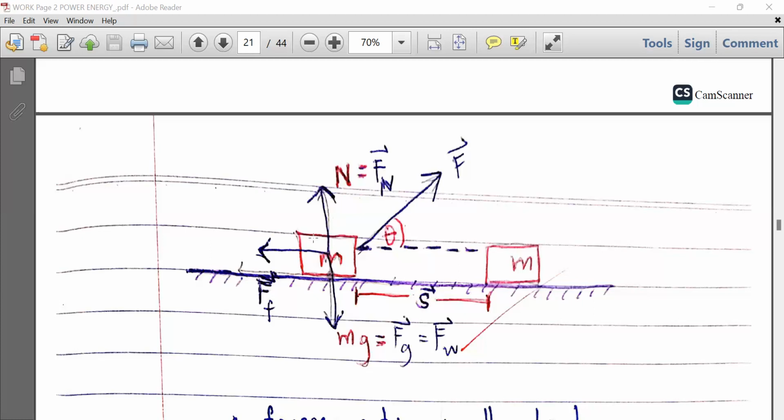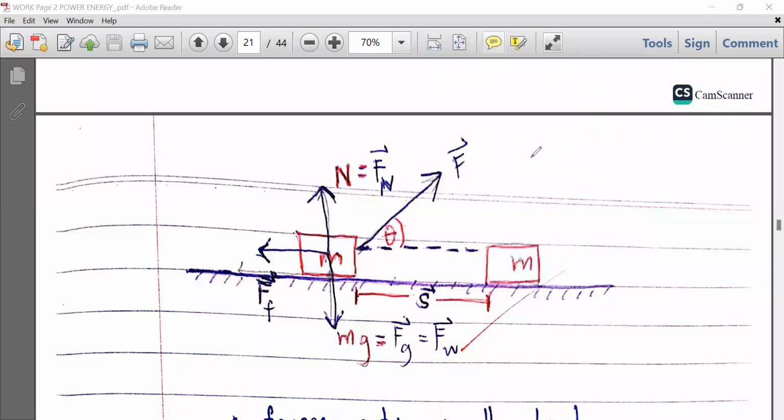So aside from the normal force, there is another force acting on this object, and that is the force of gravity or force of weight. So gravity is acting upon this object. How do we get the force of gravity? Remember from Newton's law, we discussed that the force of gravity is equal to the mass of the object times the acceleration due to gravity. The g here is equal to 9.8 or 10 meter per second squared.